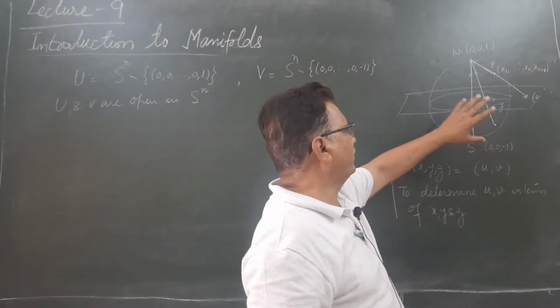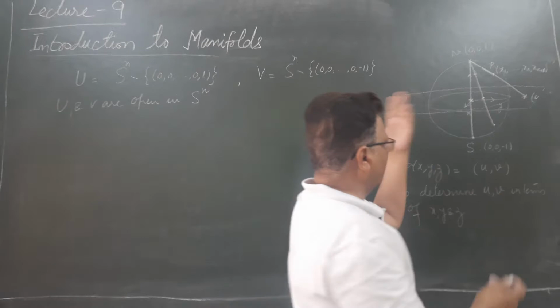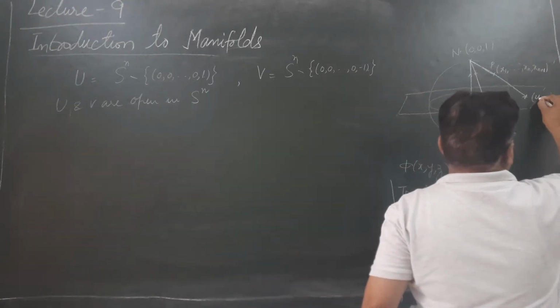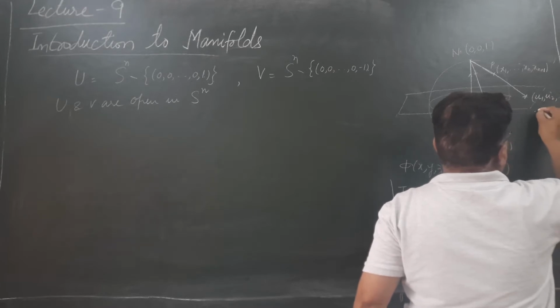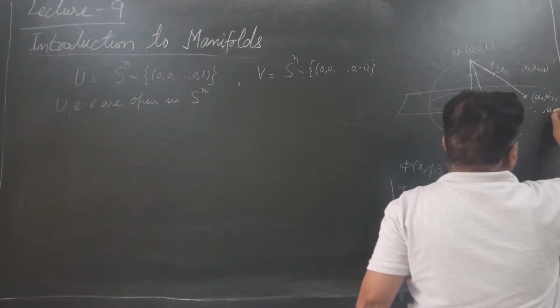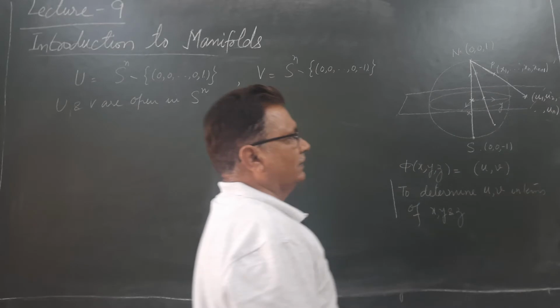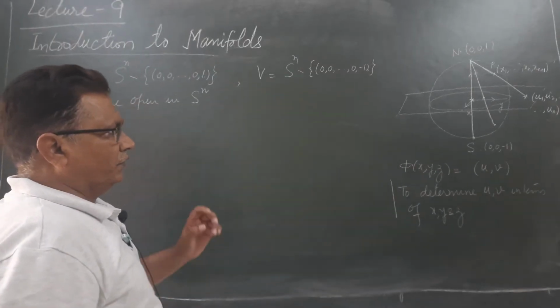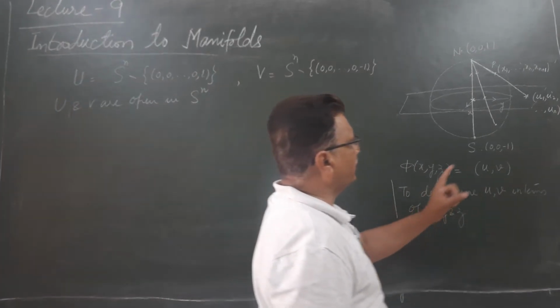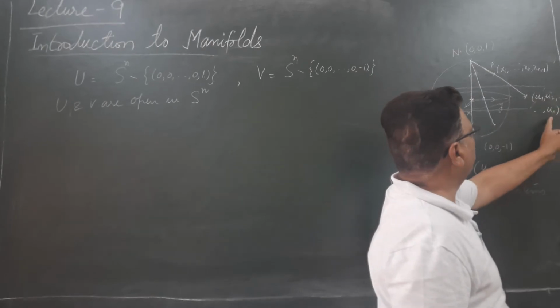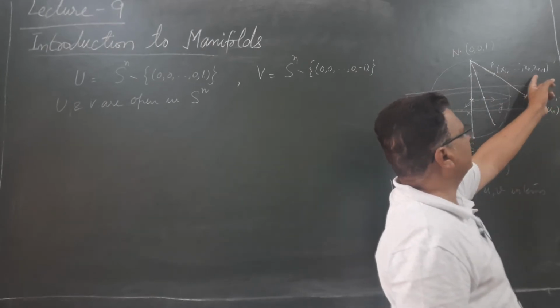Okay, but I cannot draw Rn like this, so coordinates I can write down. This will be some u1, u2 and so on. Last entry will be un.